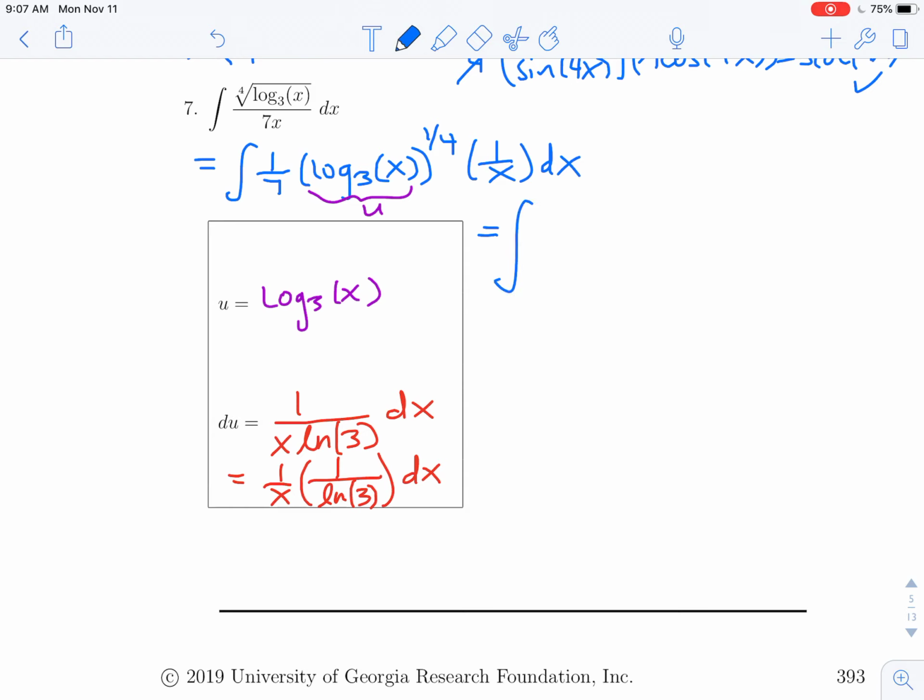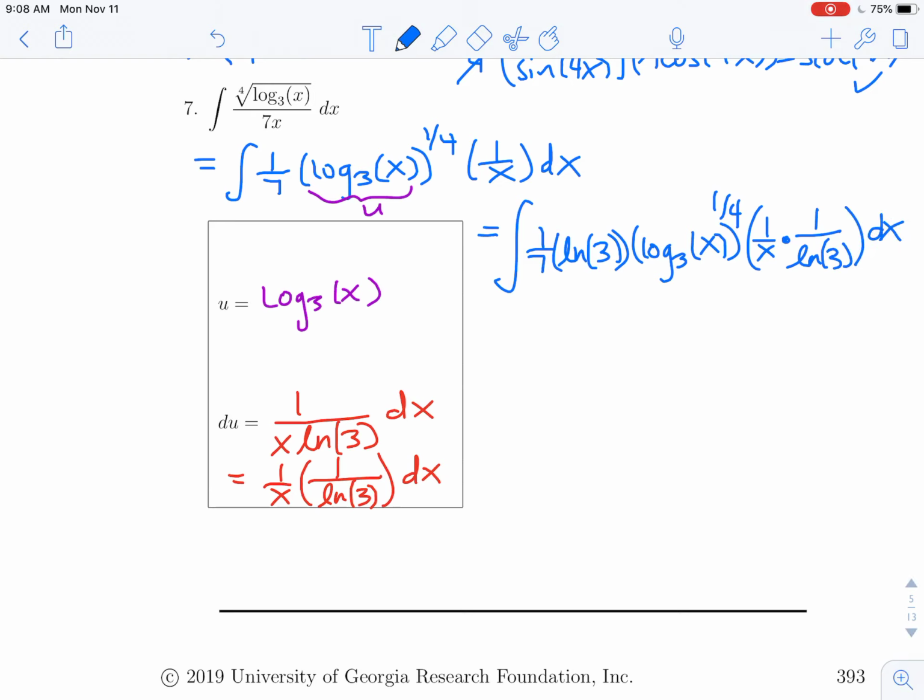So indefinite integral, we've got a 1/7. Let's go ahead and put in an ln of 3. And then log base 3 of x to the 1/4 power times 1 over x times 1 over ln of 3 dx.